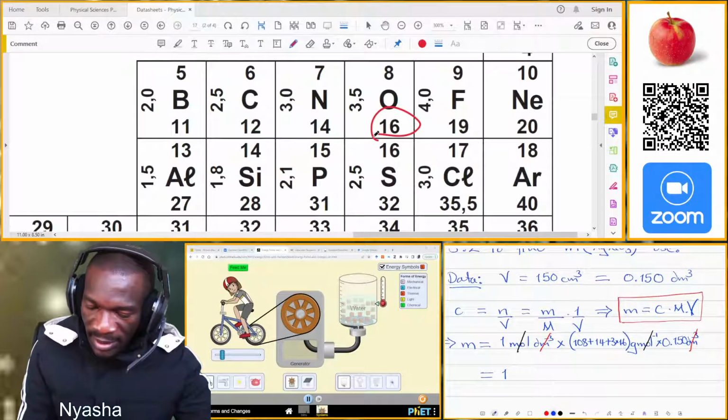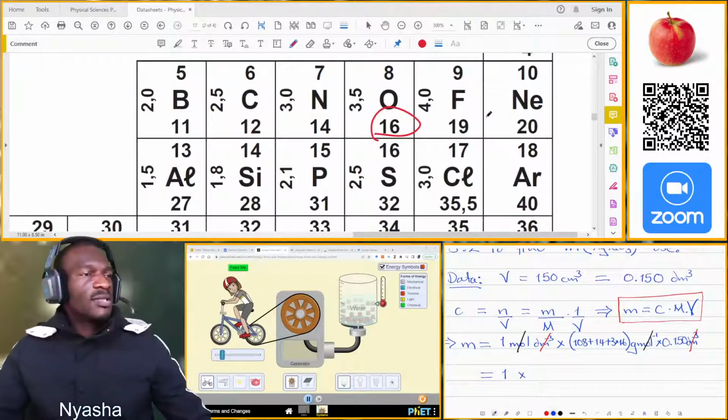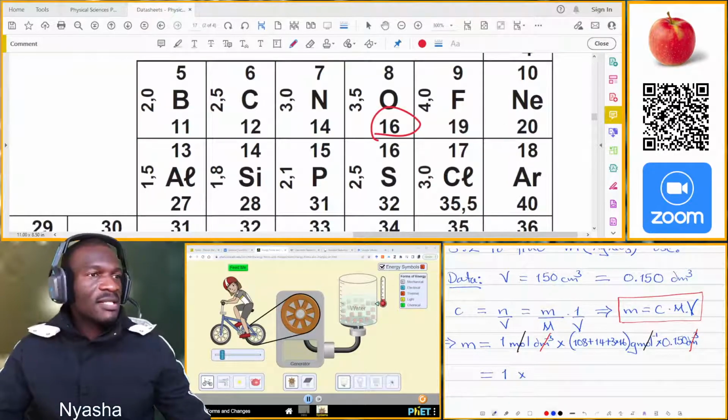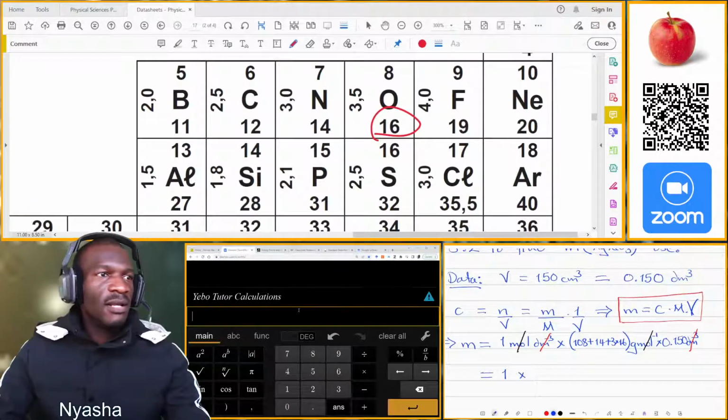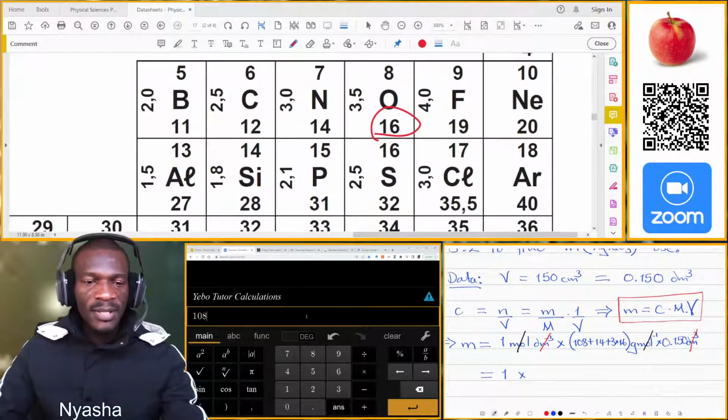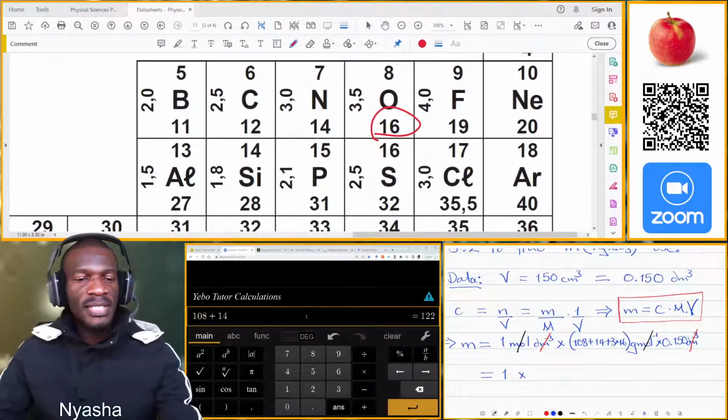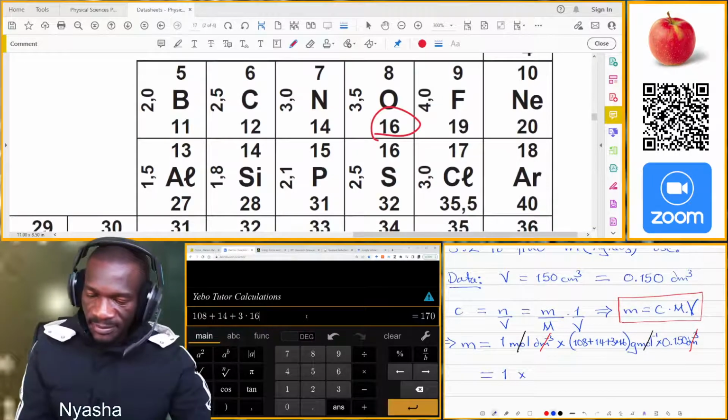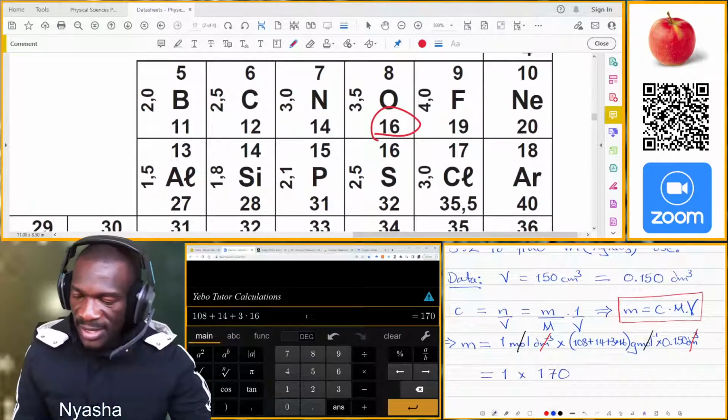So this is 1 multiplied by 108 plus 14 plus 3 times 16. Let's calculate away. 108 plus 14 plus 3 multiplied by 16. So that is 170, and then multiplied by 0.15.